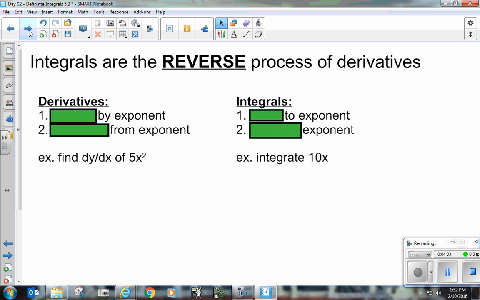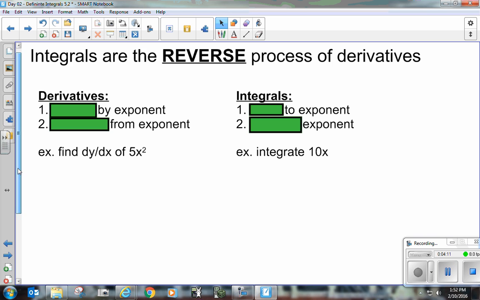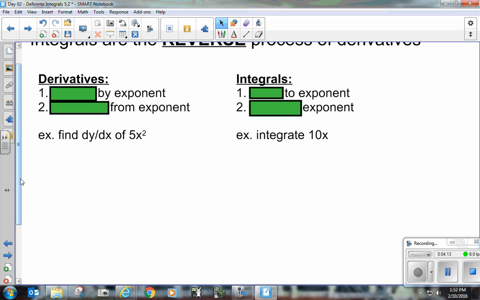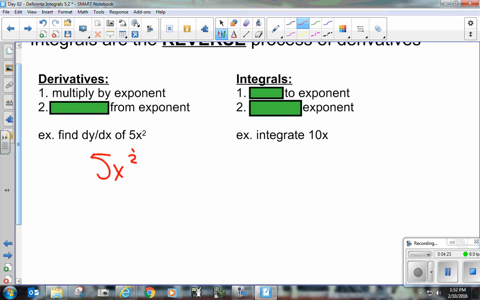Integrals are the reverse process of derivatives. For the example on the left for derivatives, if I want to find dy dx, the derivative of 5x squared, what do I do? I multiply by my exponent. If I have 5x squared, I bring this down and it becomes 2 times 5x squared.